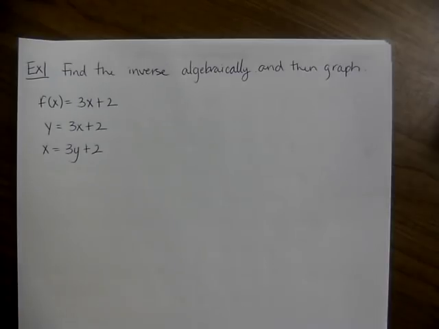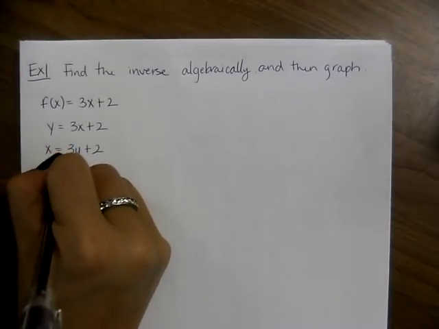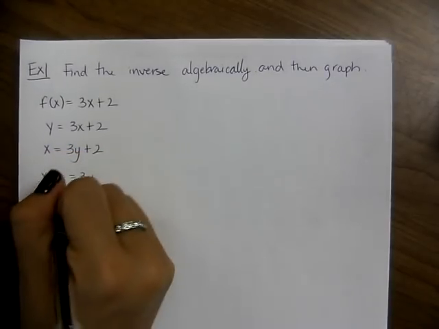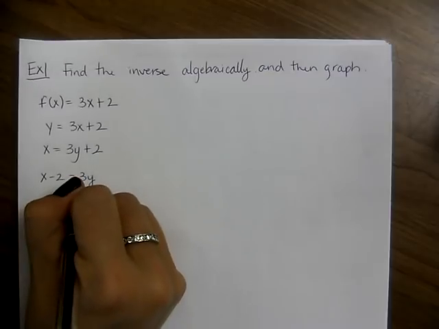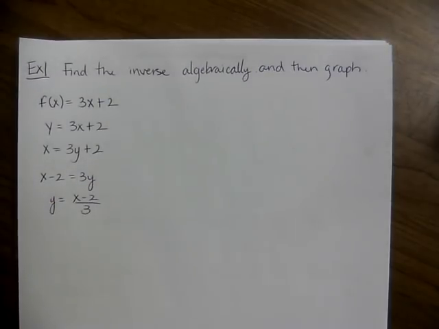Now this is a linear equation, so it should be really easy to solve, right? So we're going to subtract the 2, divide by 3. So now I have y equals x minus 2 over 3, or 1/3 x minus 2/3. Once you've resolved for y, this is now your inverse, and you need to write it back into function notation, letting the reader know that this is an inverse.